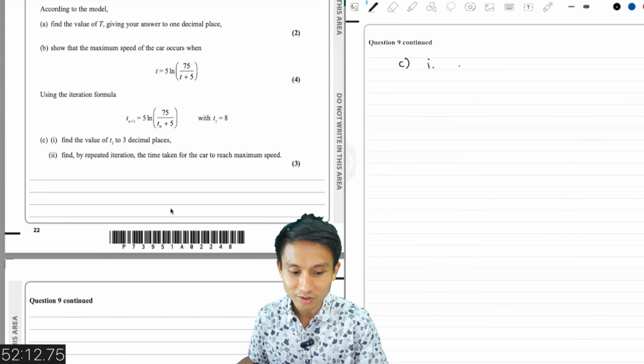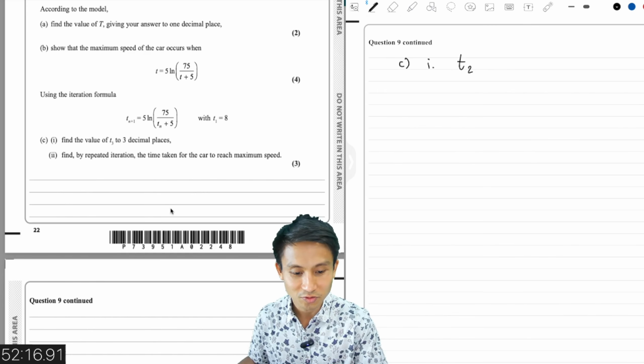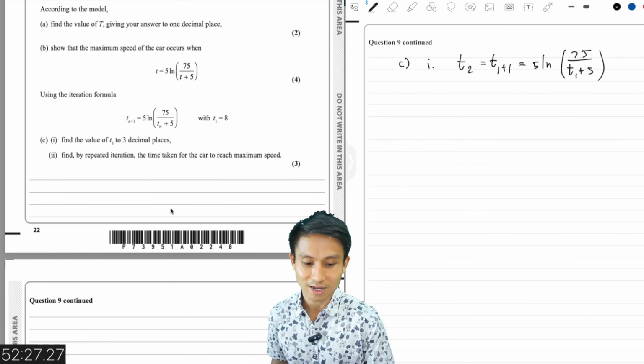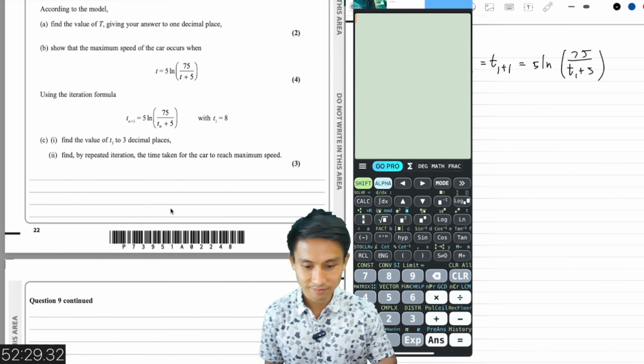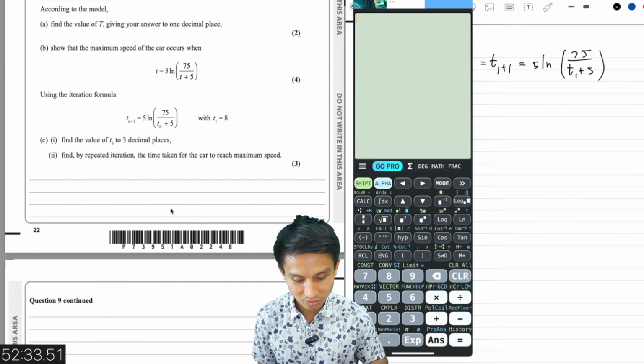Okay, so I probably need to write for t2 first. So t2 equals 5 ln 75 divided by t1 plus 5, like that. Because they want t3, I'm going to do 8, store it first.